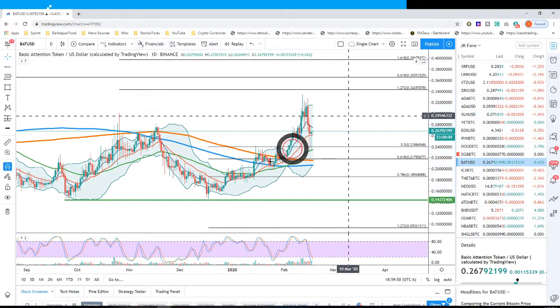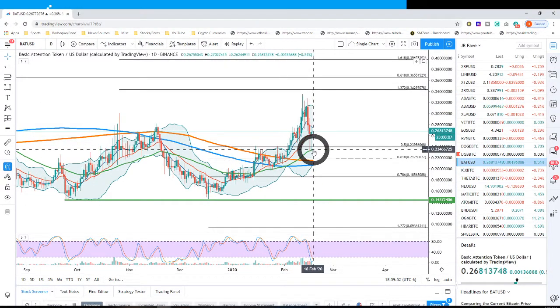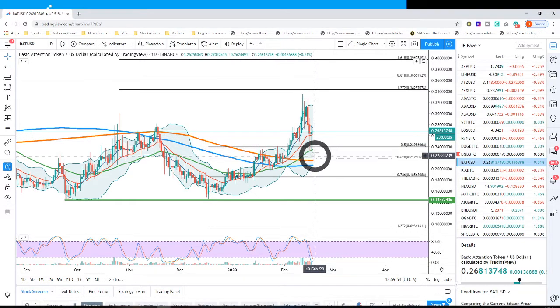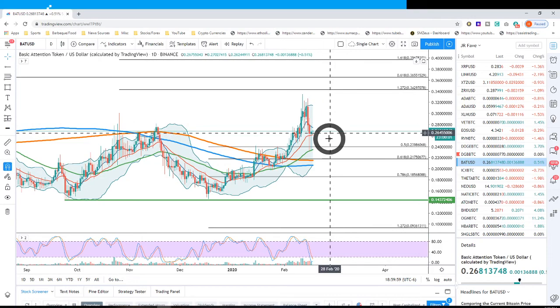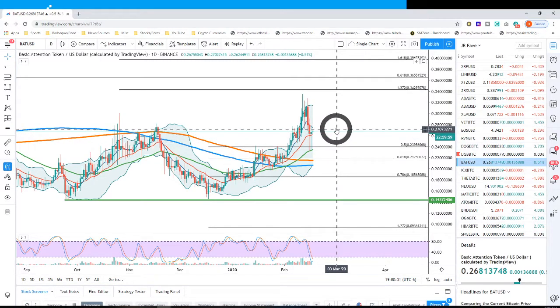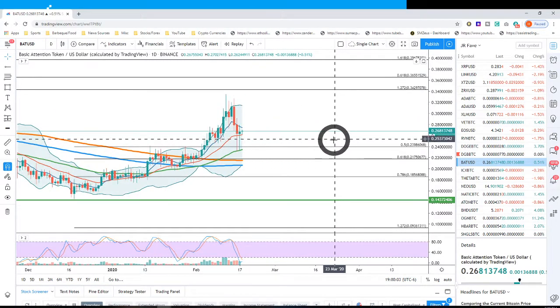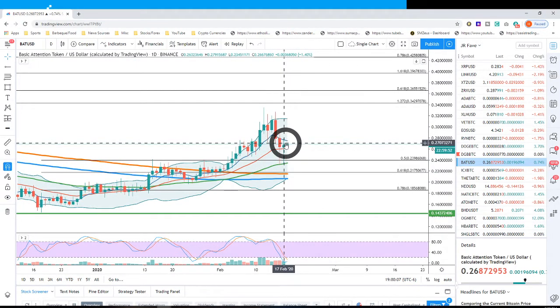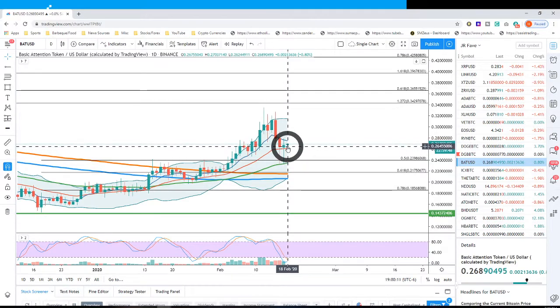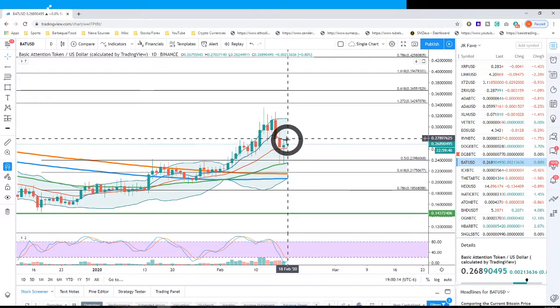So it's basically retraced half of this move and is holding the 50 EMA, right? So again, you want to get back above that 10 EMA, and if we zoom in, that's what you want to see. Right now, all it's done is come back and retested the 10 EMA and then dropped, but now it's trying to come back and test it again.